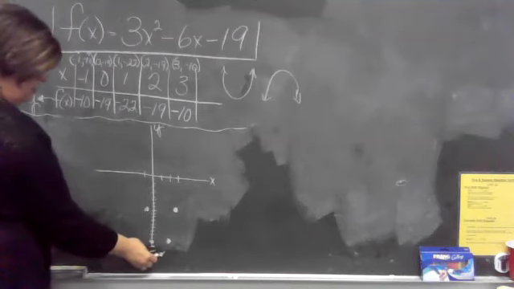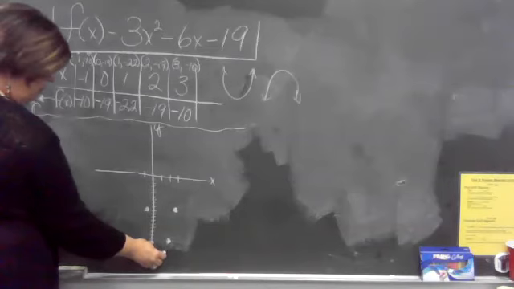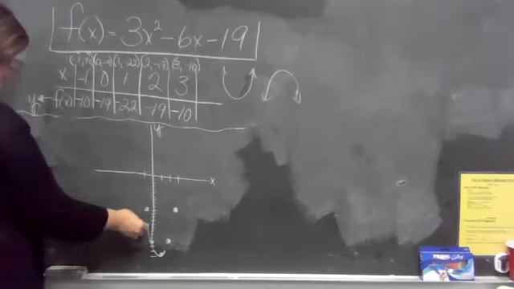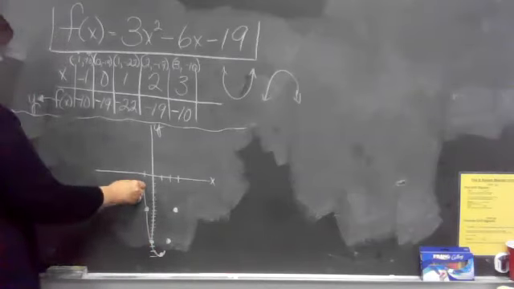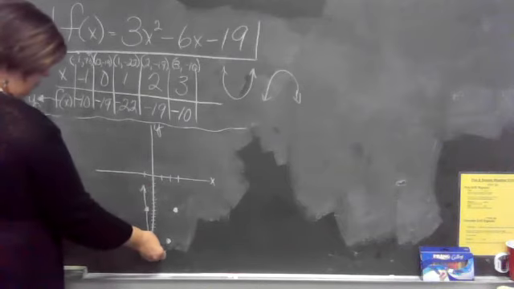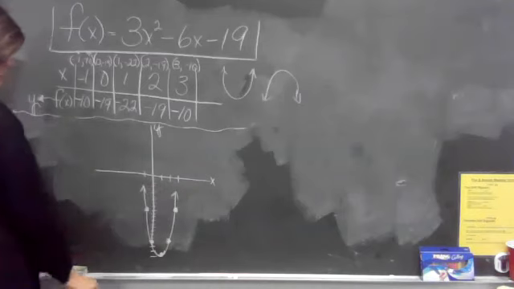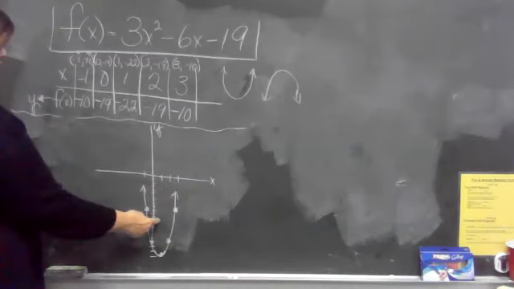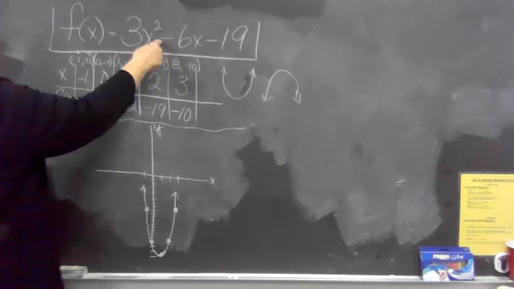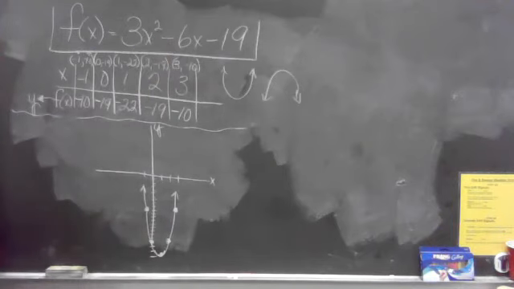It's not a V, so make sure and make it curved and come up through the points, and we add arrows. This is the graph of this quadratic. What do y'all think?